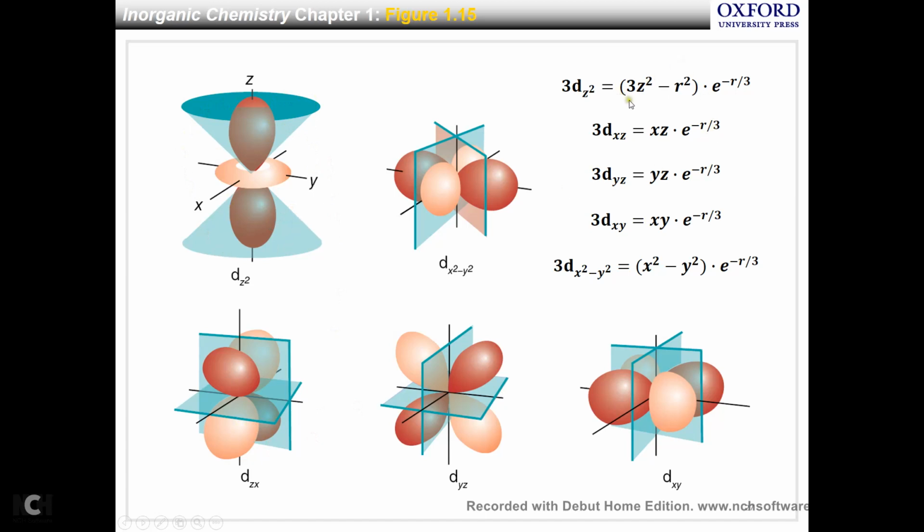This one is quite different. This is because if you look at the wave function, it's 3z squared minus r squared. So the nodal surface is z equal to plus or minus 1 over the square root of 3 times r. Another way to look at it, z is r times cosine theta. So really it's just cosine theta is equal to plus or minus 1 over the square root of 3.